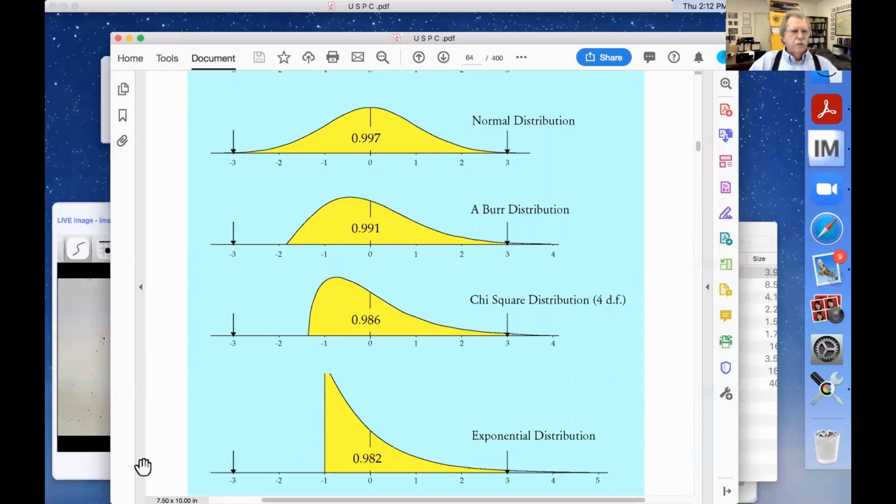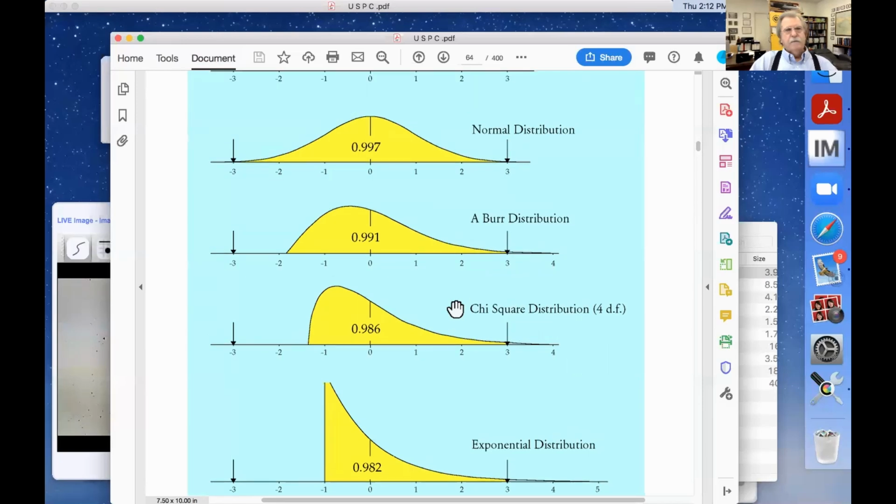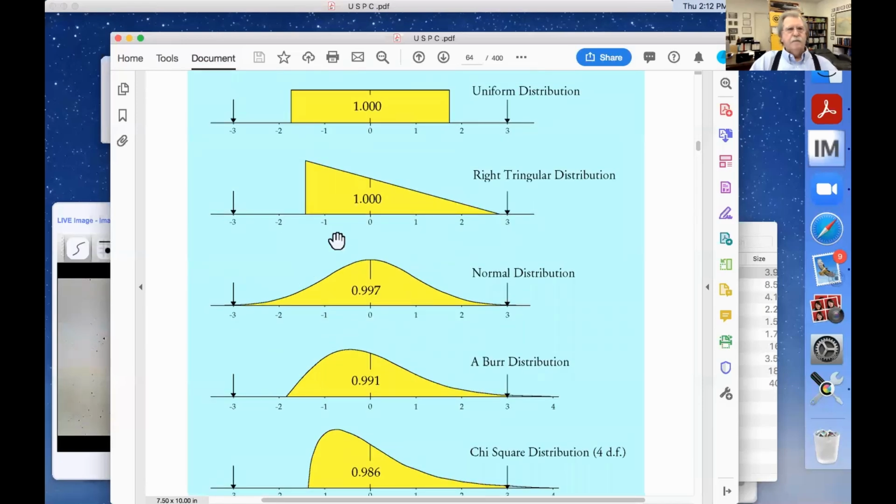And so the one limit becomes absurd, but the other limit continues to protect you on the elongated tail. Thank you. Very important picture, page 64. And that's one of the antidotes to that way of thinking.